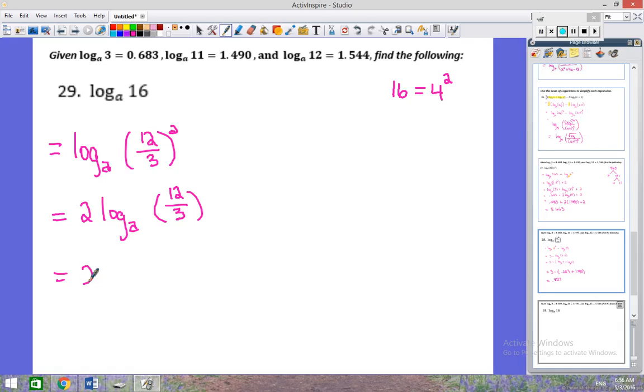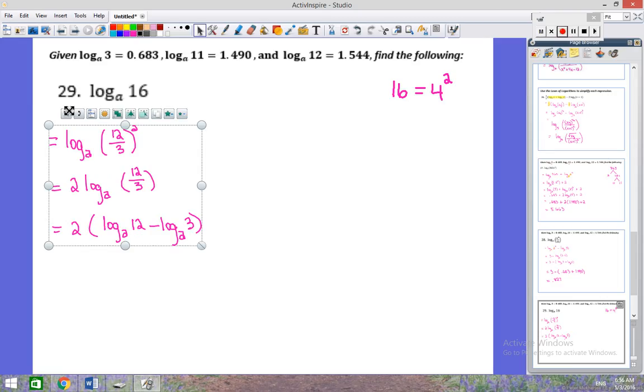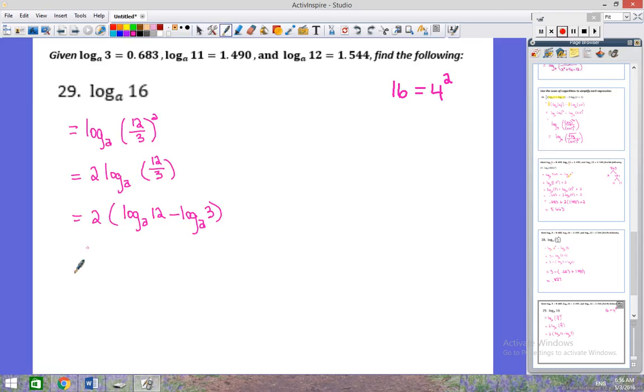And now we can expand the single logarithm, that is the log of the numerator minus the log of the denominator. And now we can substitute in the given values and just do the arithmetic on a calculator to get our final answer.